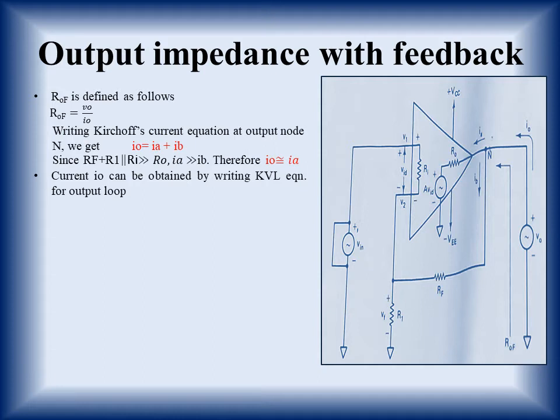Now this IO current, or IA, whatever we say, can be calculated by using the output loop and applying Kirchhoff's voltage equation in the output loop.